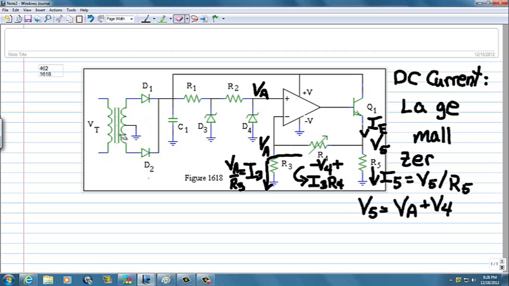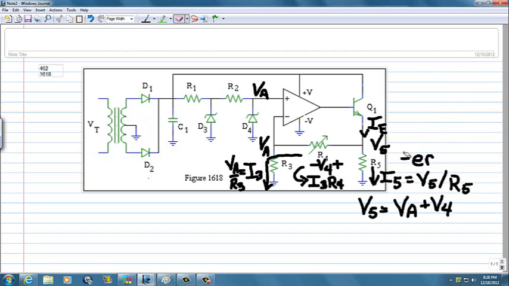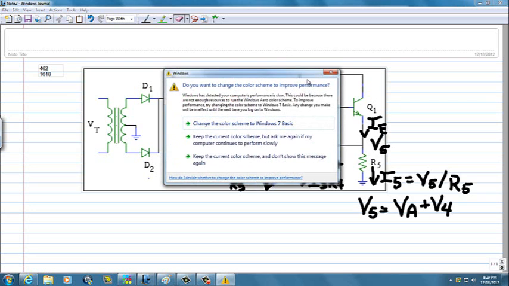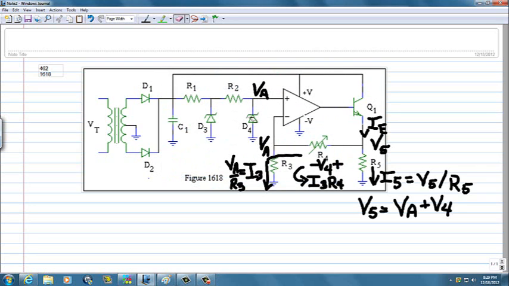Now, these are the equations that explain the things you really want to know. That is, this zener diode has a certain voltage rating, and the voltage rating means that the voltage across this diode, VA, is the diode voltage rating.